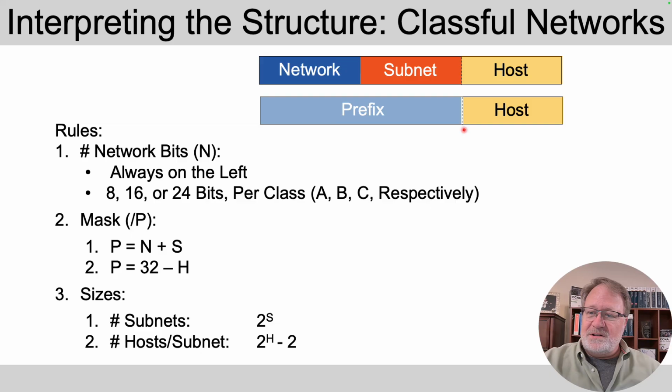So let's say it was 24. Well, we know network plus subnet equals 24. If the mask was slash 20, network plus subnet bits equals 20. If it's 28, they add up to 28. So with this little equation, you can calculate the number of subnet bits. And again, if you've got the mask in prefix notation, whatever the number is for the mask, the prefix and host part add up to 32. Pretty simple math to figure out how wide the host part is. Then you can calculate the number of subnets and the number of hosts per subnet.